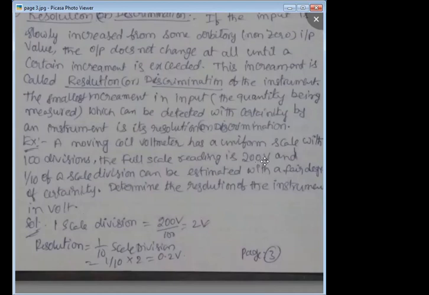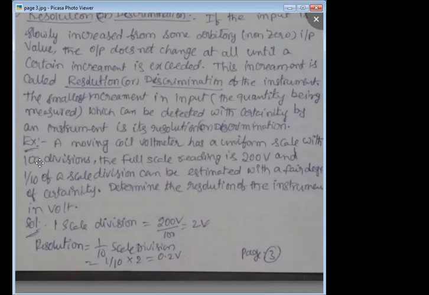So then each division will measure how much value? 100 divisions, 200 volts, so each division will measure 2 volts, and 1 by 10 of the scale division can be estimated with a fair degree of certainty. Determine the resolution of the instrument.